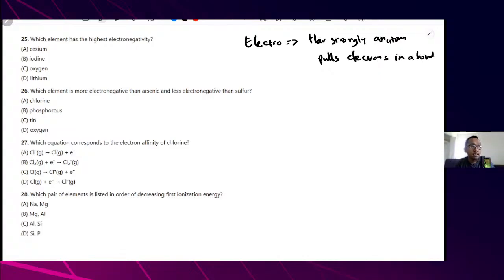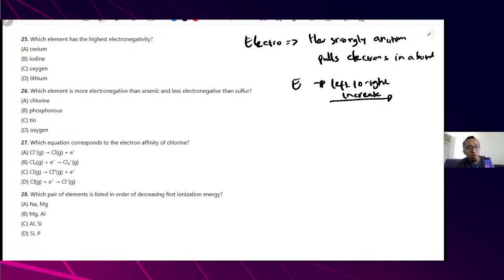And then in the periodic table, as you move right across a period, which means left to right, electronegativity is increasing.